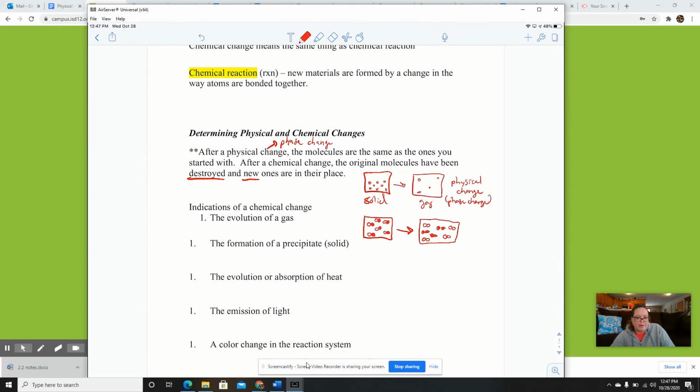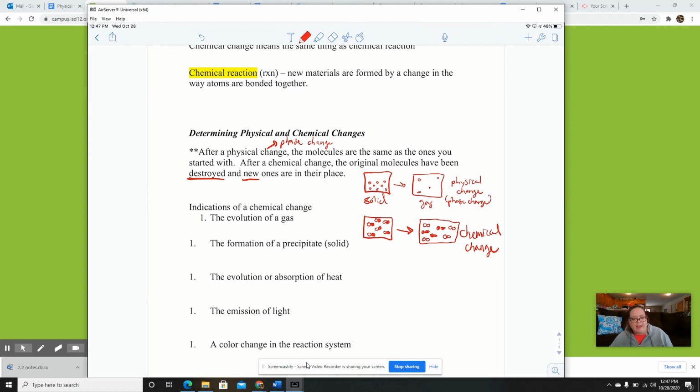We went from one colored and one uncolored bonded together to two uncoloreds together and two coloreds together. This is a chemical change. Just another way of visually drawing a picture of what's going on.